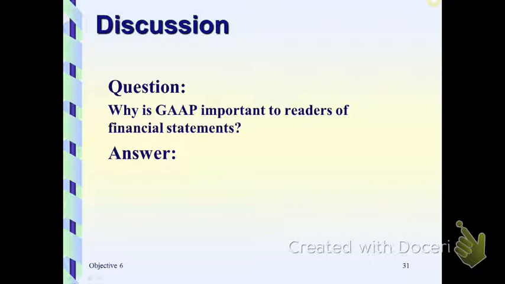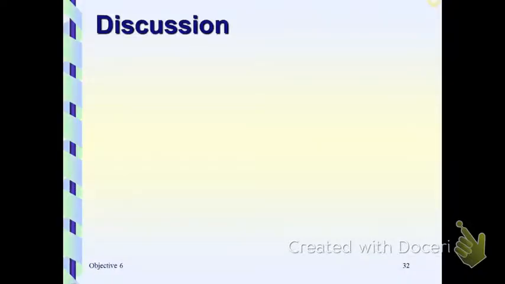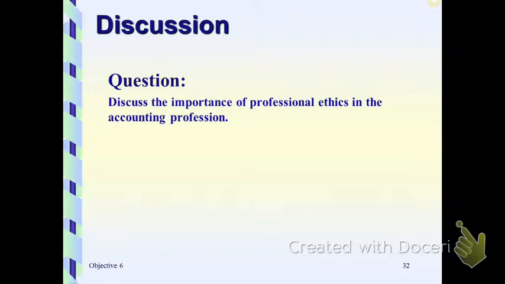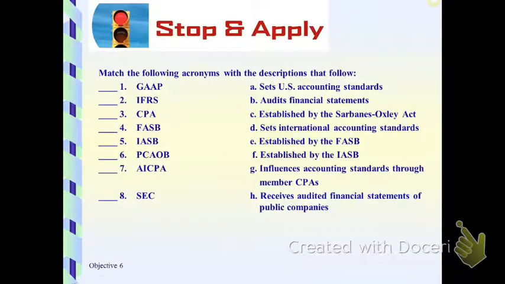And lastly, in terms of questions, you should be able to discuss the importance of professional ethics in the accounting profession. And then just a little matching of the acronyms versus the descriptions that relate to those acronyms. So just be aware of what those acronyms are.